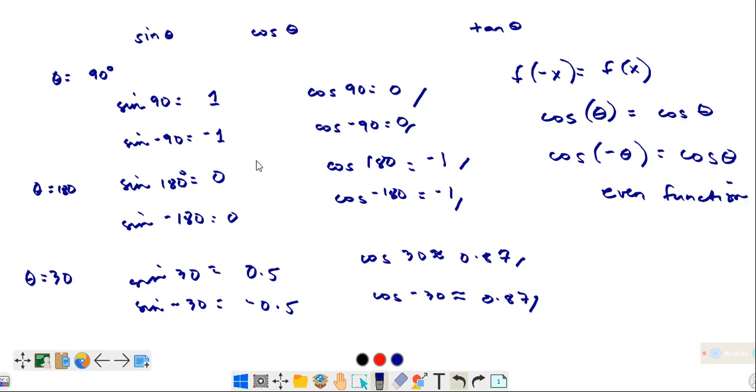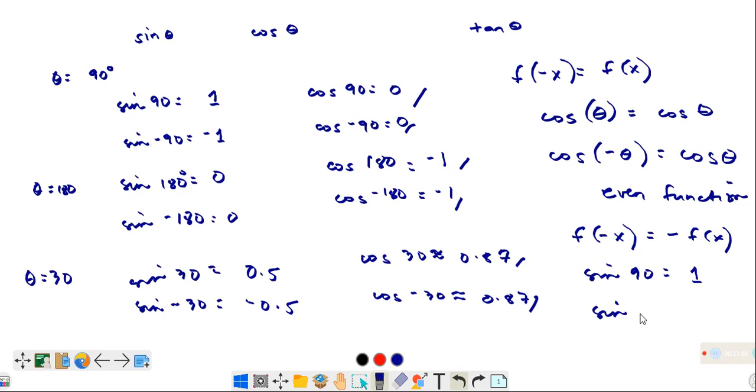Ngayon, tingnan naman natin si sine. Si sine, may behavior siya na kapag nagkaroon ka ng input na negative ang iyong value ng x or ng iyong angle, nagiging negative yung value ng buong function. Halimbawa, sine 90. Di ba ang expectation natin it is 1?